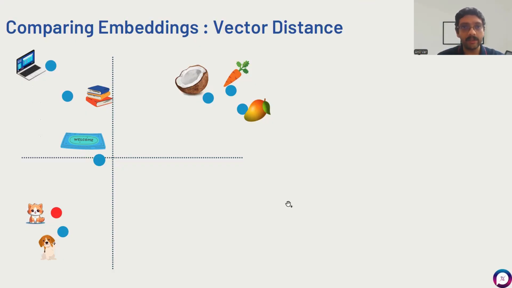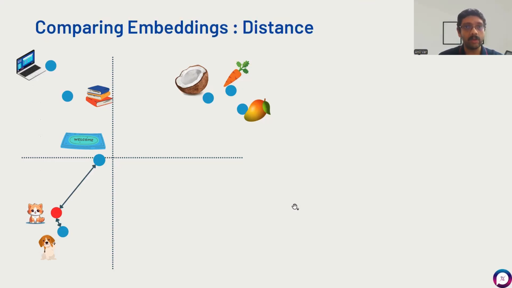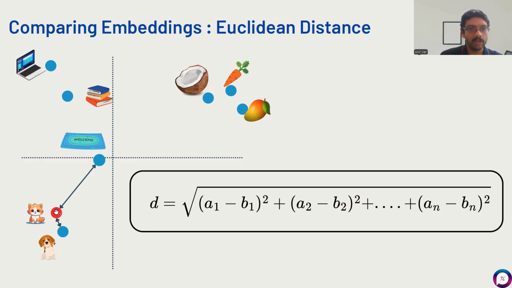Now, there are different metrics that can be used to measure distances. You have the Euclidean distance, which is basically the actual distance between the coordinates. In this case we've used a two-dimensional embedding. In practice, you would have embeddings that are much larger.